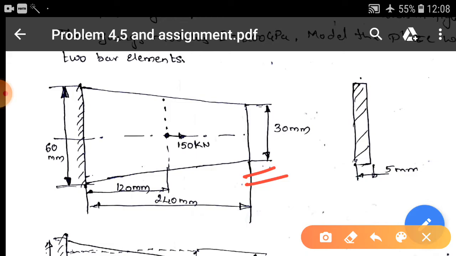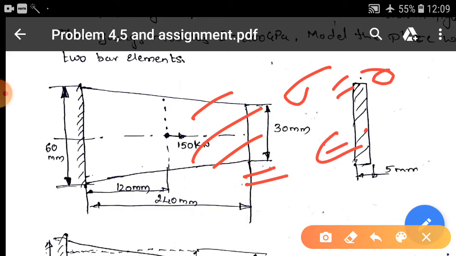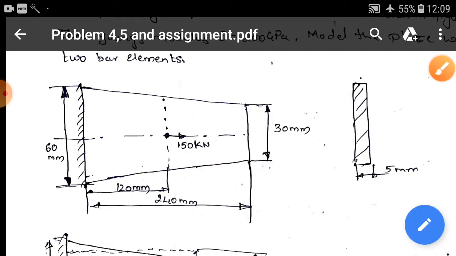As it doesn't resist, it doesn't generate any compressive stresses, nor any tensile stresses. So there will be no stresses generated here. In this section, stress will be 0, strain will be 0. Whereas in the first section, the stress has some value, that is tensile, so stress will be positive. So this is our prediction.